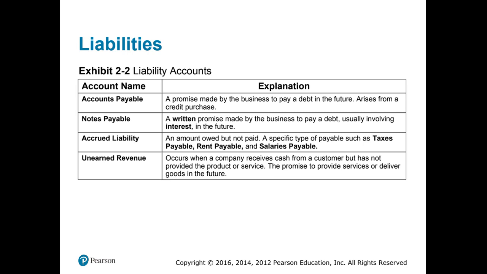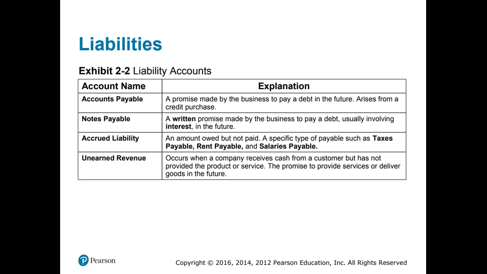Notes payable is a written promise made by the business to pay a debt, usually involving interest in the future. Accrued liability is an amount owed but not paid. So we owe it, but we have not paid it yet. It's a specific type of payable.